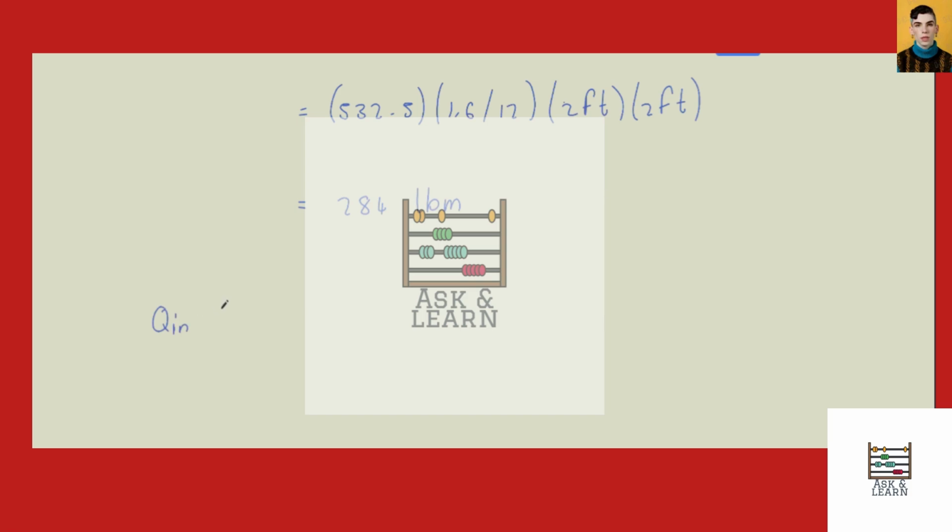Now that we have that value, we can go back to our energy balance equation and we can calculate the heat transfer to the plate. So the heat transfer is mc (T2 minus T1).